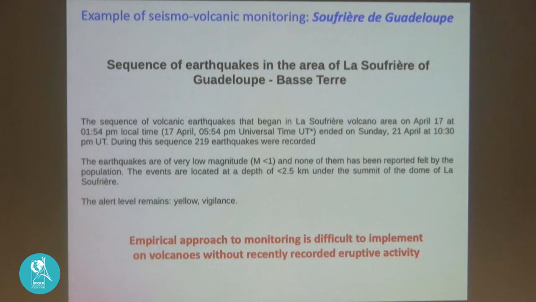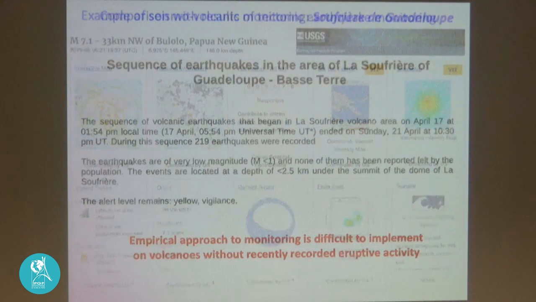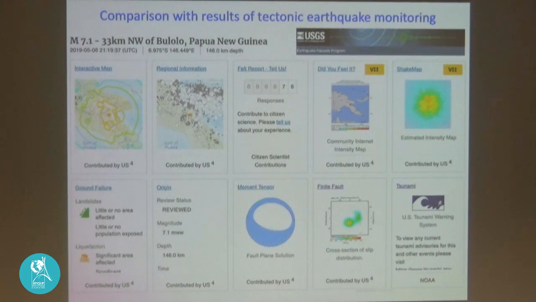This is just because there is no past empirical information to relate this observation with knowledge about volcanic activity. So this is why this report remains very brief. Again, not to criticize what happens at volcano observatories, but just to give you some idea.